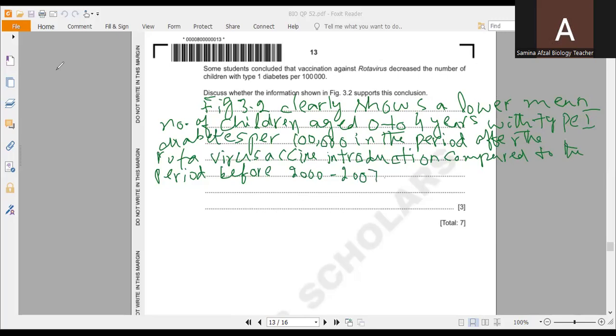So this shows the decrease in the vaccination target group.